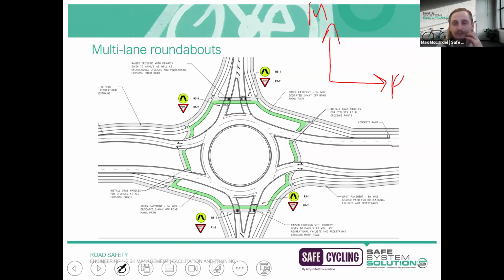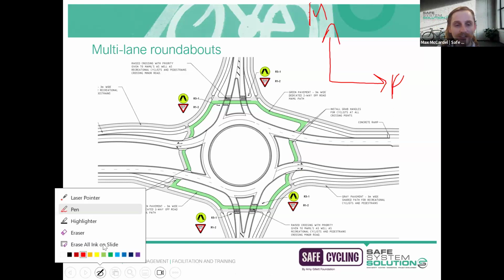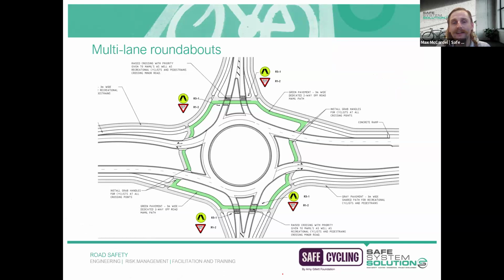In these scenarios where we've got multi-lane roundabouts, if you've got multi-lane, that automatically ticks with me that it's probably a high movement classification. So it's very strategically important to actually maintain the movement through there.